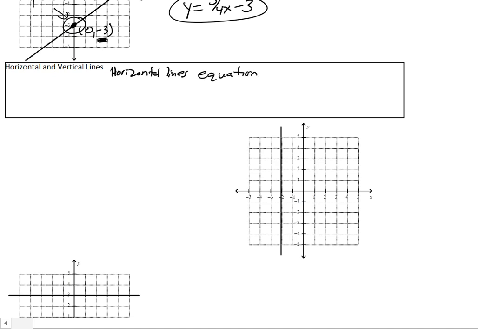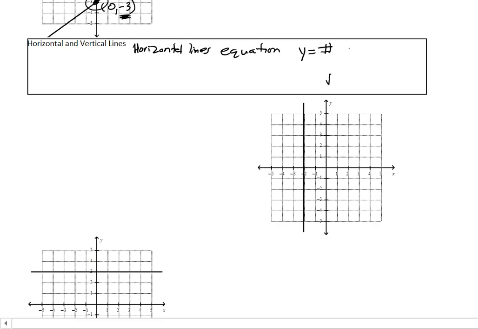No x, no slope, because the slope is 0, so the x just disappears. It would be like having y equals 0x plus b. It's just y equals b, because the 0x drops out. So the equation is just y equals some number.